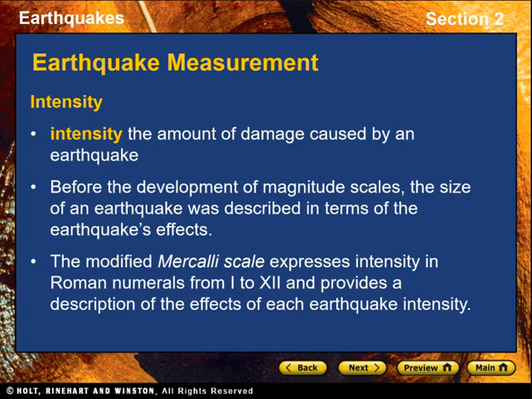The highest intensity earthquake is designated by Roman numeral 12 and is described as total destruction. The intensity of an earthquake depends on the earthquake's magnitude, the distance between the epicenter and the affected area, the local geology, the earthquake's duration, and human infrastructure.